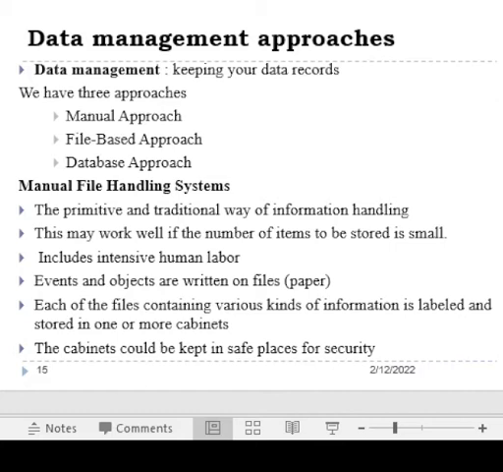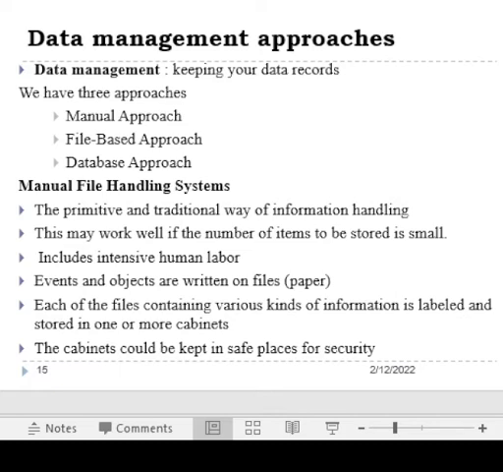We use labeling, storing in one or more cabinets, each of the files containing various kinds of information. For example, we use labels such as A, B, C, D, E, F, G. We can use A for the A spelling. If there is Ababe or others, we use the A label. If there is Baja, Bayene or others, we use the B label.